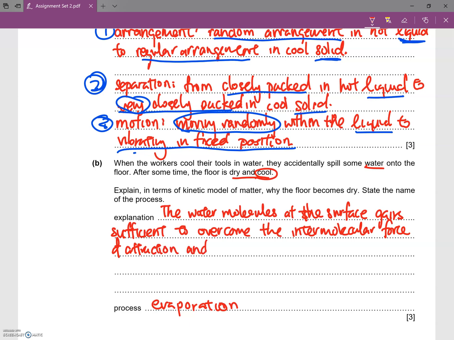Do take note they need to overcome two things for evaporation to occur: the intermolecular force of attraction and atmospheric pressure.